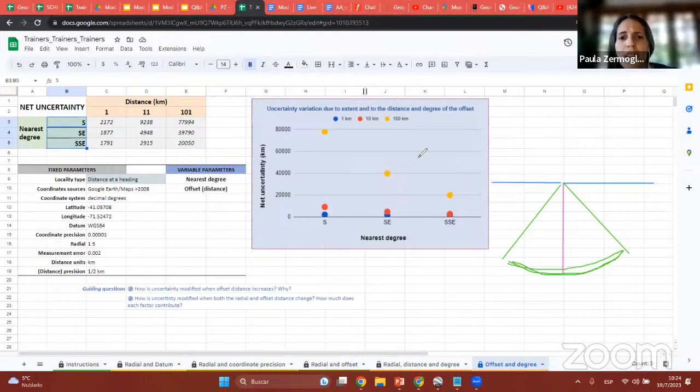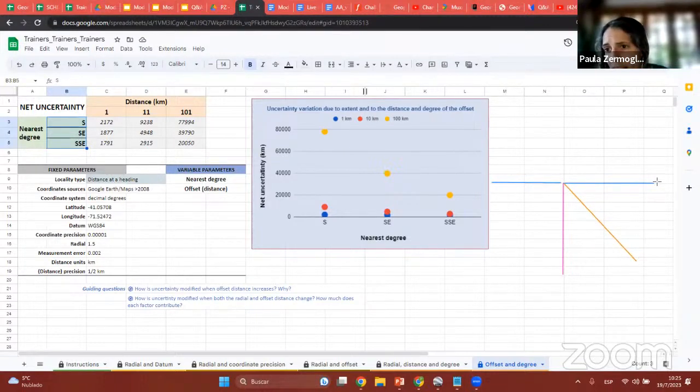Now, I will undo these arcs here, and suppose that instead of saying south, I said southeast. Let me do a straight line here. If I say southeast, this one is southeast.